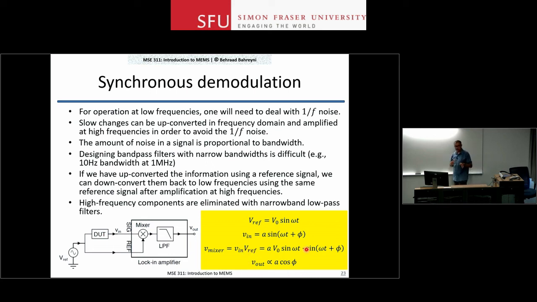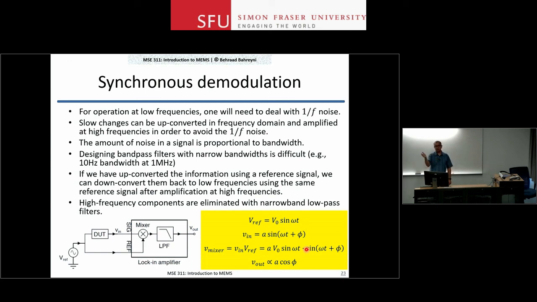Now, why do we love this? We love this because the bandwidth of the measurement is set by the low-pass filter you have over there. So it's very hard, let's say if you're measuring a signal at 100 kilohertz or 1 megahertz, it's very hard to have a bandpass filter, let's say, whose width is only 10 hertz. It's really difficult to make such a narrow band filter at high frequencies.